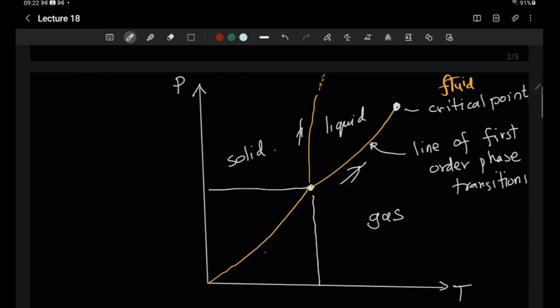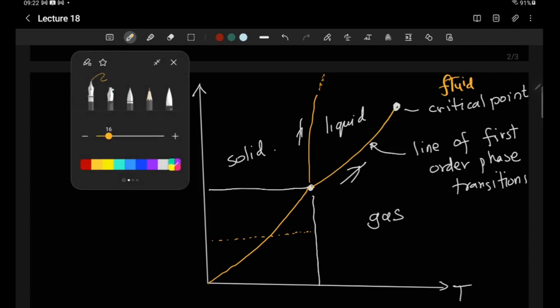So this curve: if you keep P fixed, then you go like this, directly from solid to gas. What is that thing called when a solid becomes a gas? Sublimation.